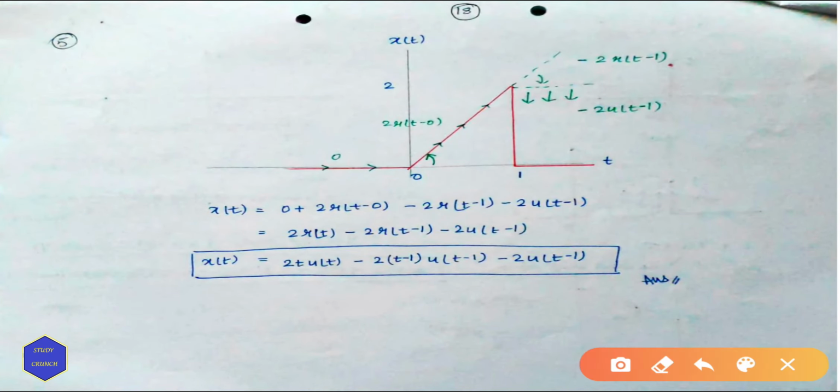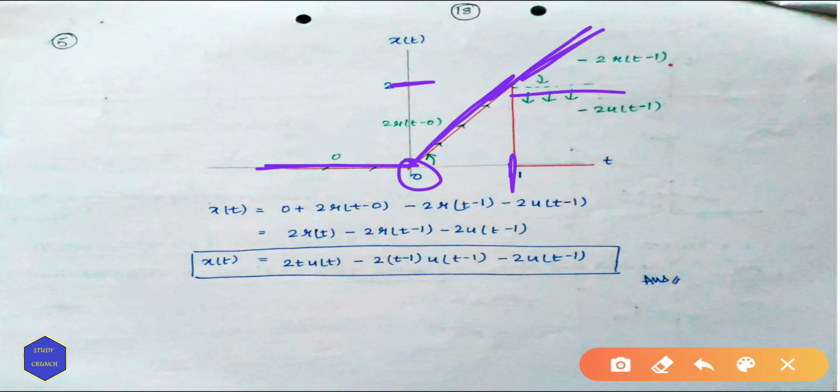Lastly, we have 0 moving from left to right. Then at t is equal to 0, it has a slope of 2 by 1. So 2 by 1 is 2. Then it is moving first of all to this place, actually parallel to x-axis.